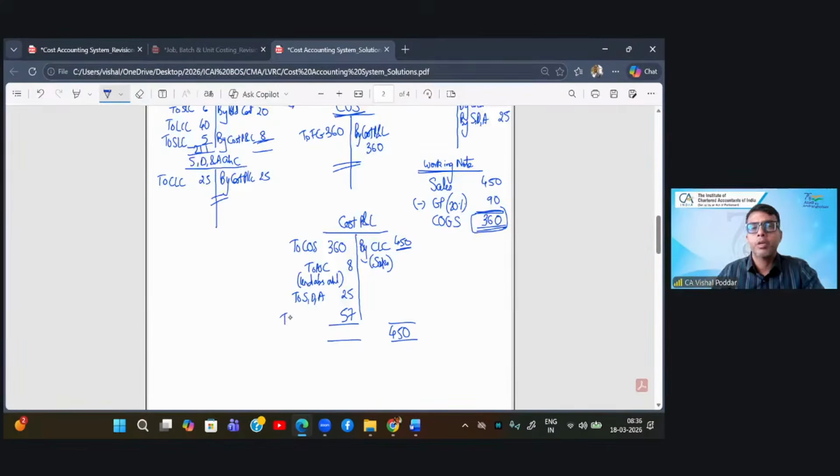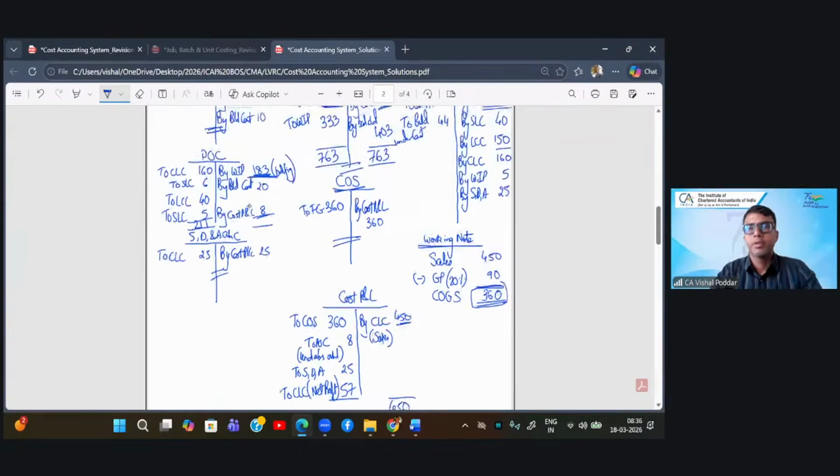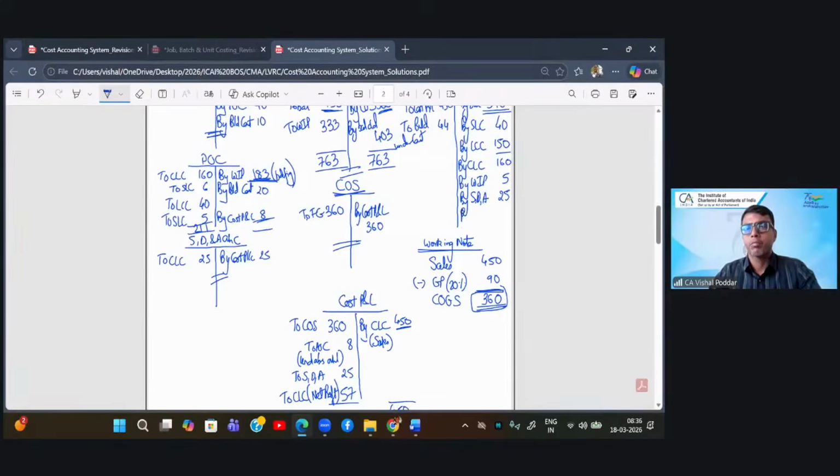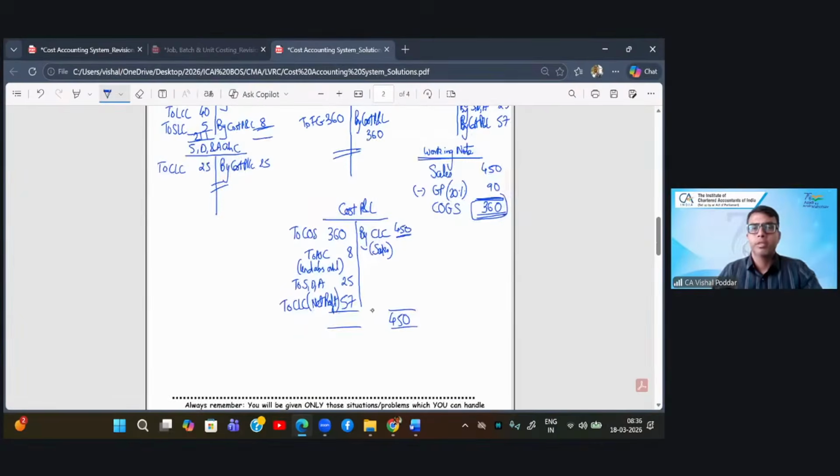So this represents a net profit, and it will go to the capital and reserves account, which is the CLC account. So net profit 57 is posted here by cost P&L 57. Correct? So this account is closed.